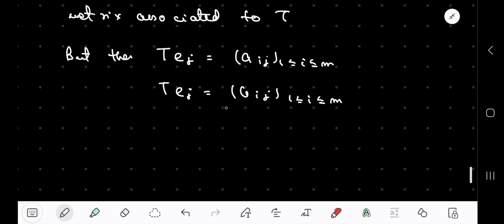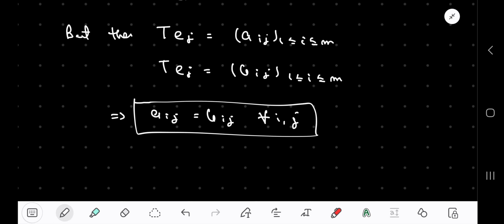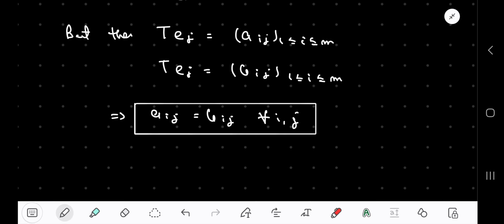So they are equal at every basis vector, right? Which implies that Aij must be equal to Bij for all i, j, right? Fine. And which implies that A equals B.